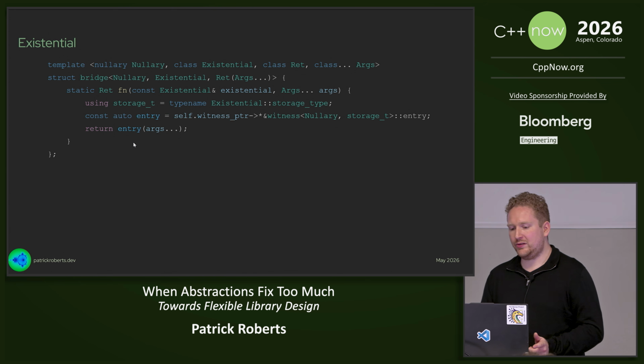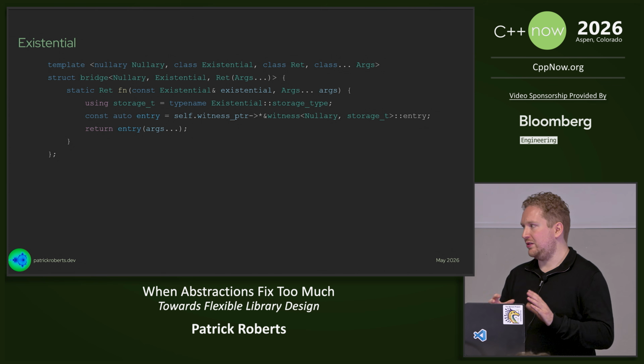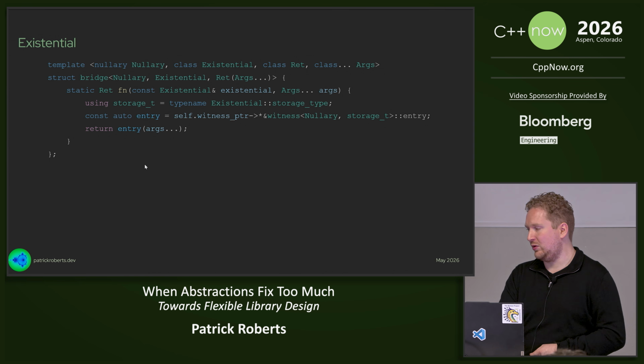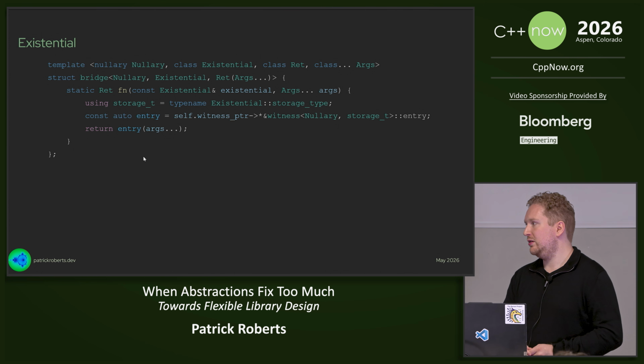Another neat thing about this is you're not necessarily limited to placing the receiver as the first argument. If you want to avoid the register shuffling that would be necessary to forward the arguments here from an offset of 1 to an offset of 0, you could actually place the receiver argument at the end and then just drop that off, and then when you forward the arguments through, it can just be a jump.